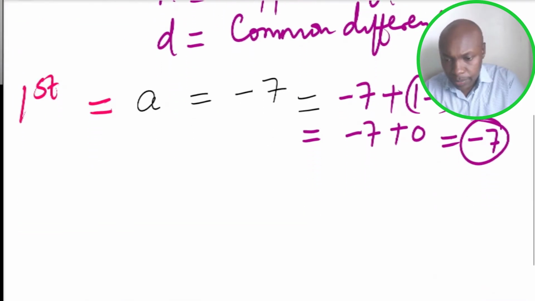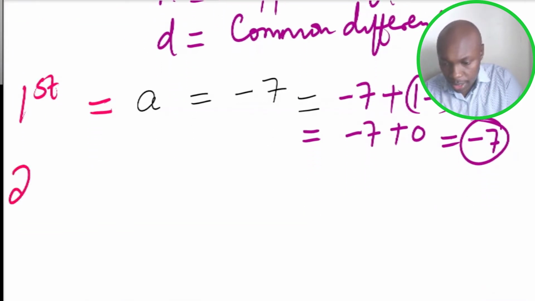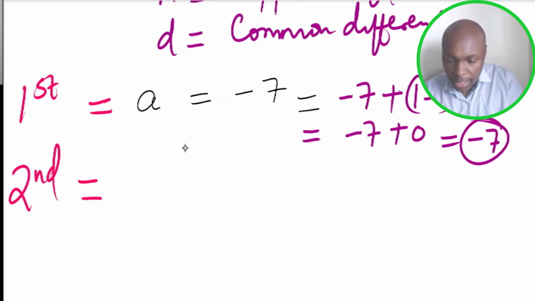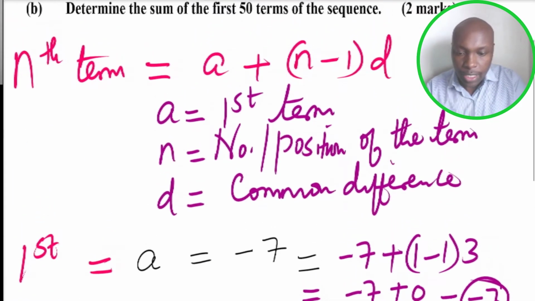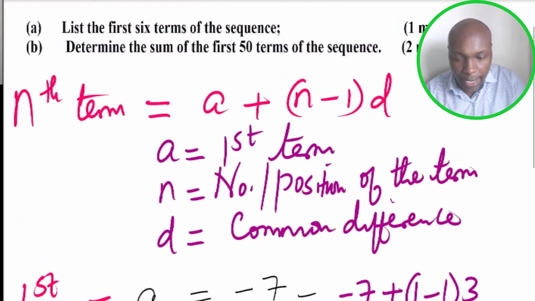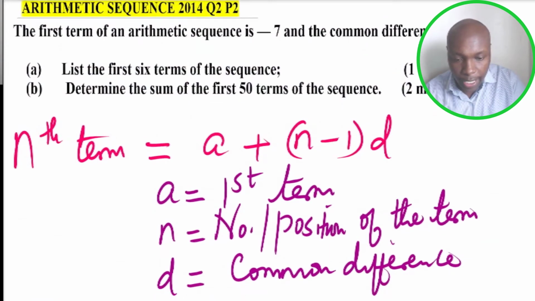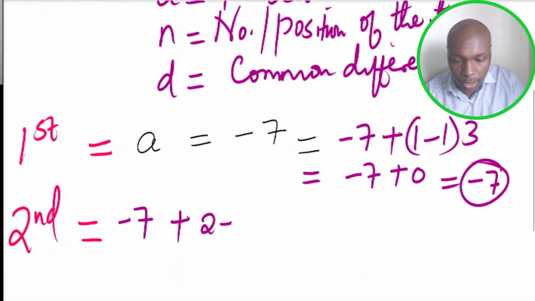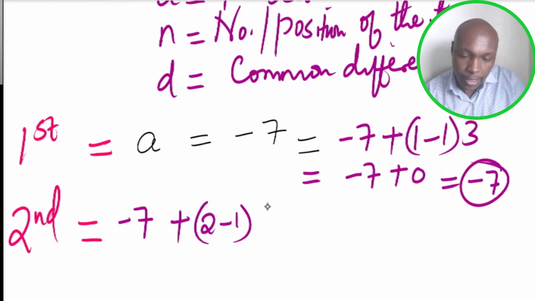So now you should write the second term. Now the second term, a is -7, then plus n minus 1, because it is the second term, n will be 2. So this will be 2 subtract 1, and then multiply by the common difference, which is 3.